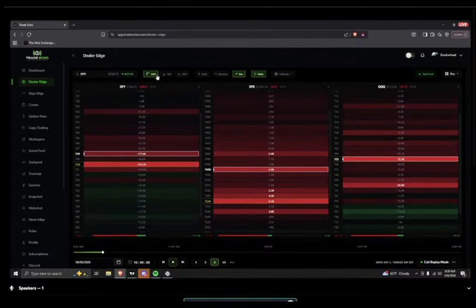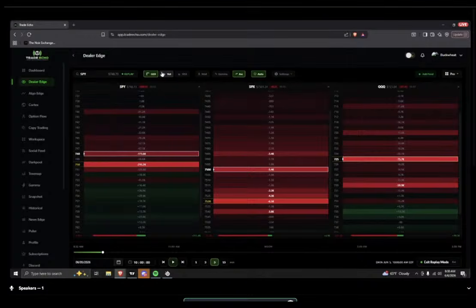I'm not saying that if it reaches a certain level, you have to sell or you have to buy. If you bought puts in the morning and you saw it flip on Dealer's Edge and it just bounced around a little bit, that doesn't mean sell.